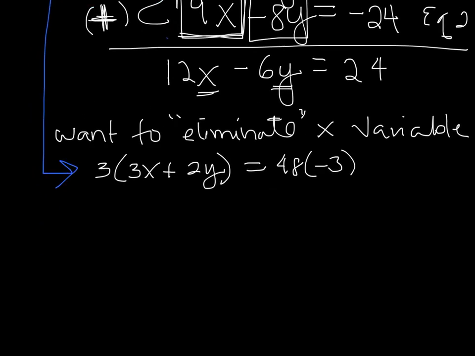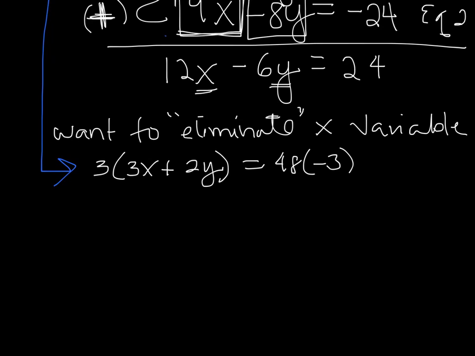Okay, so why am I multiplying by negative 3? Well, when I distribute, right, I get negative 9x minus 6y, and 48 times negative 3 is negative 144.